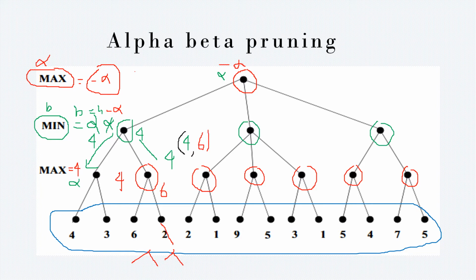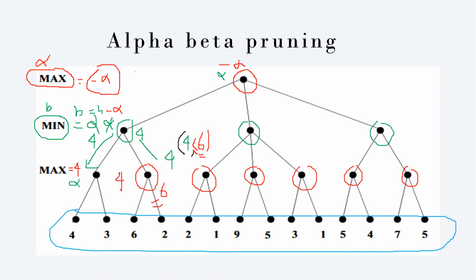Whenever the value of alpha becomes greater than or equal to the value of beta, then the other nodes will be pruned off.